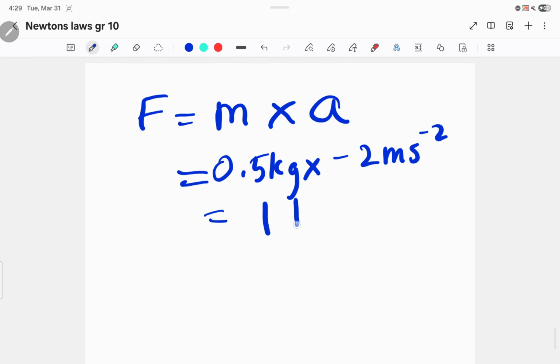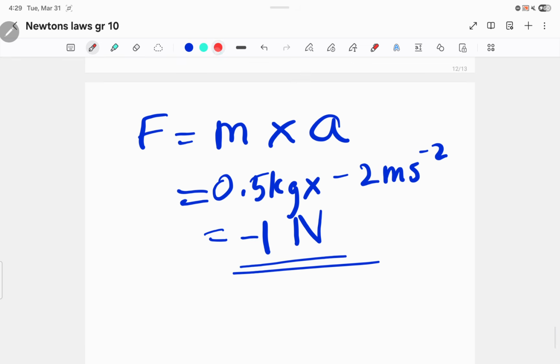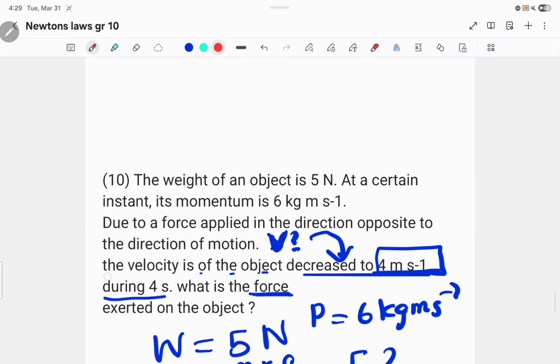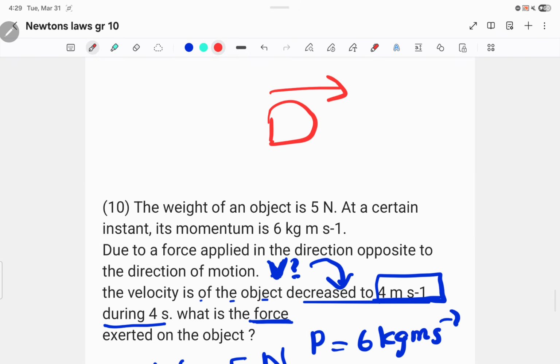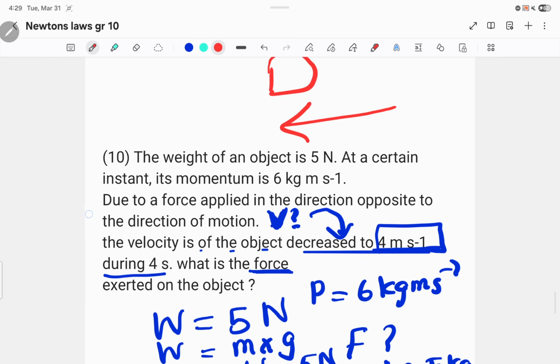That is minus 1, right? 1 Newton in the opposite direction is applied. That's why it is represented with this minus sign, the opposite direction from the moving side. The object is moving in this direction, and this opposing force acts on the object toward this direction.